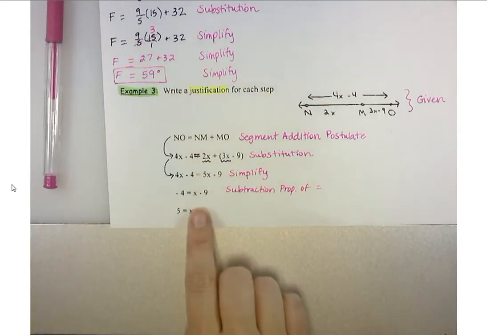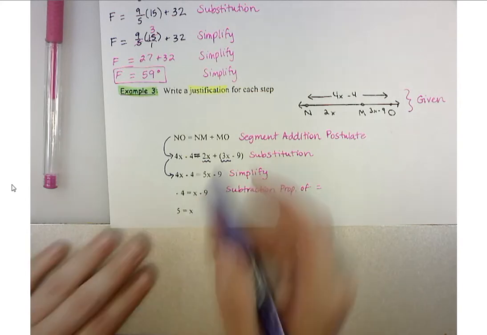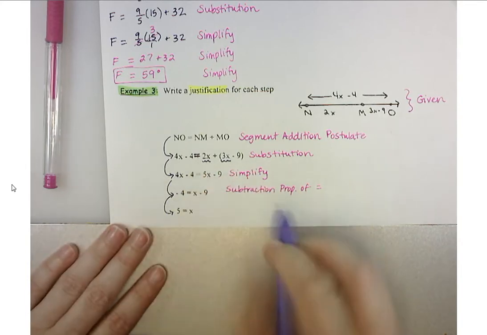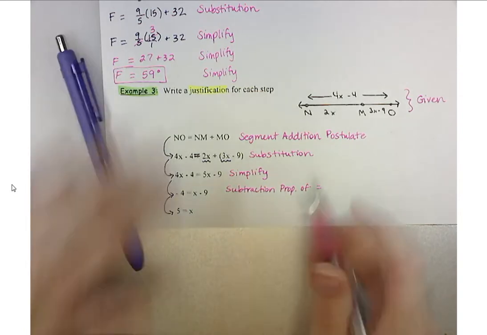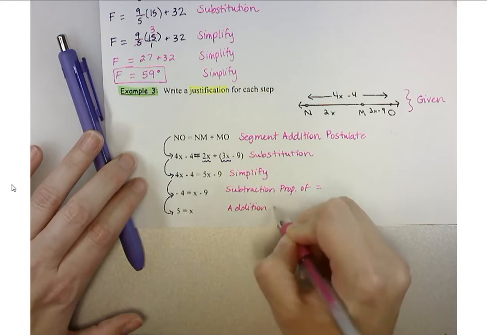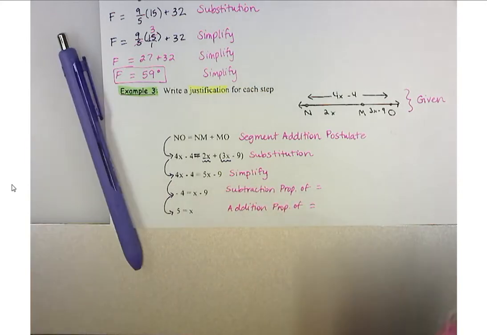And then for the last one, we have x. We used to have x minus 9. So how would I move over that minus 9? Addition. So this is going to be the addition property of equality.